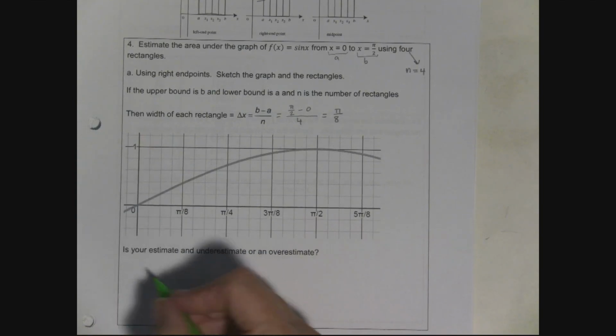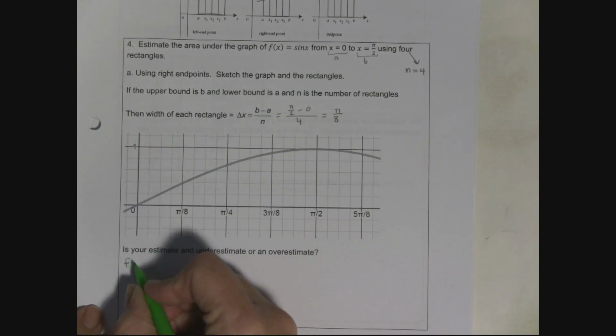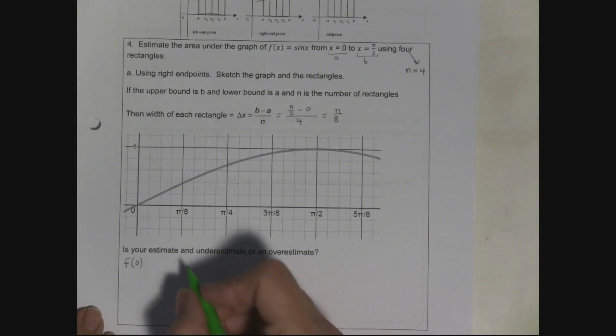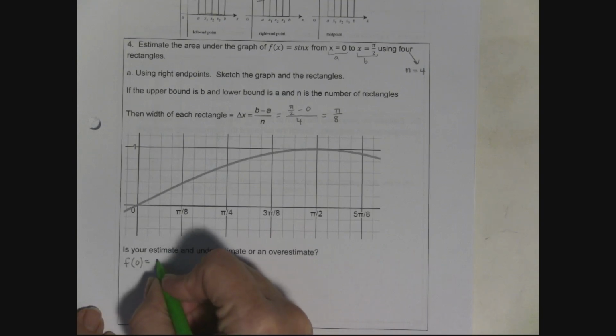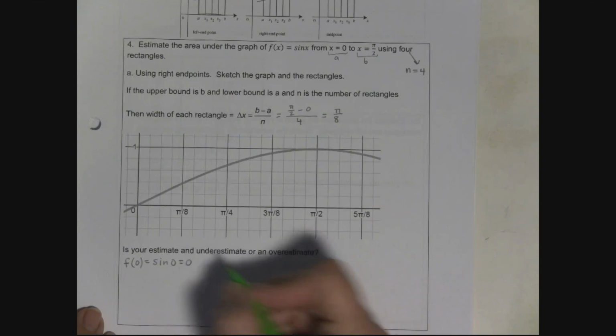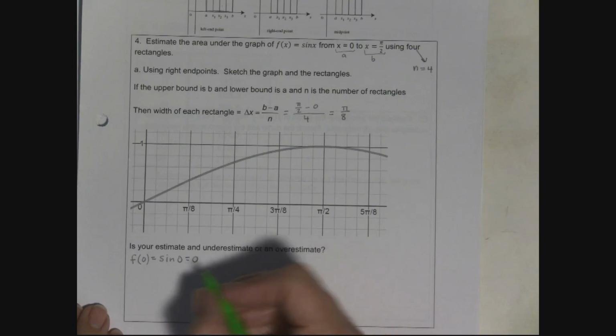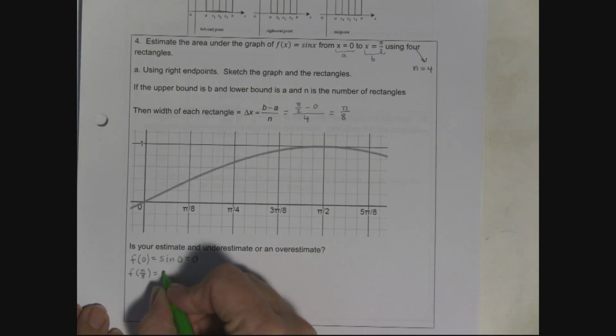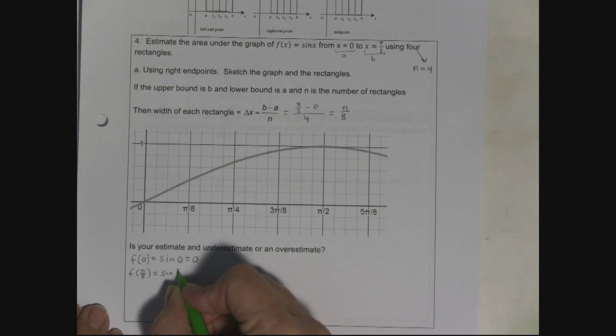It is in radians. So I'm starting at 0, so I want to find f at 0. If you wanted to write it like this, you could, or you could write it in a little table, your choice. I think this time I'll write it like this. So f at 0 equals the sine of 0, and the sine of 0 is equal to 0. You can use your calculator to verify that that's true. And then f at pi over 8, and the sine of pi over 8 isn't one that I know.